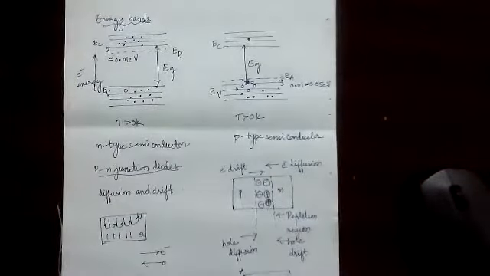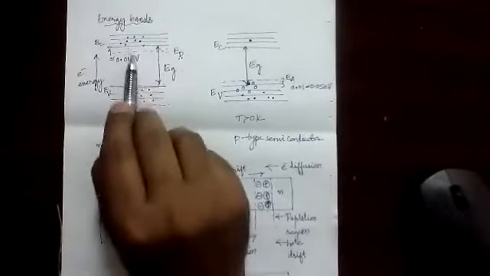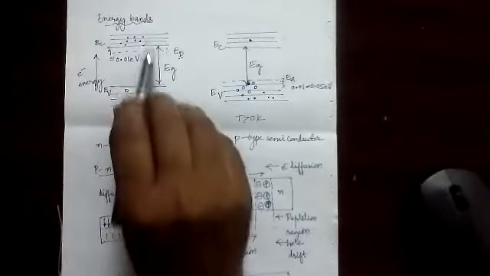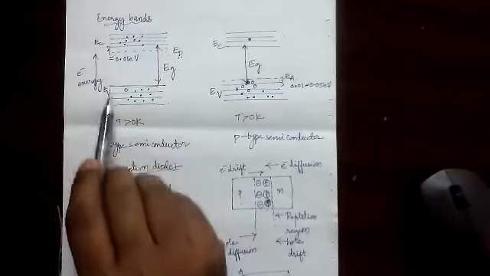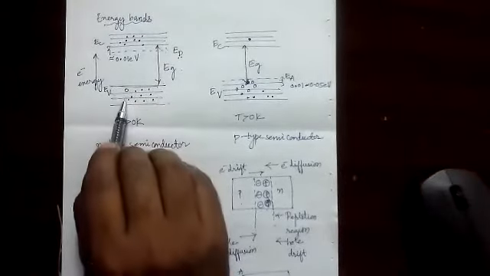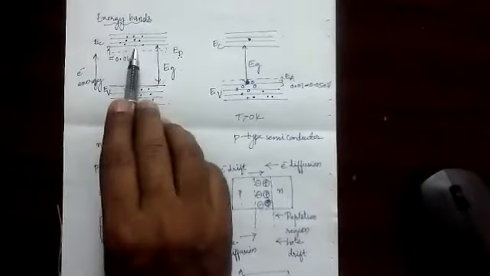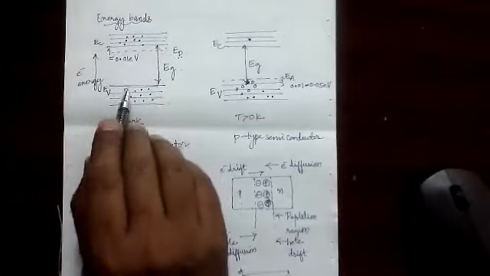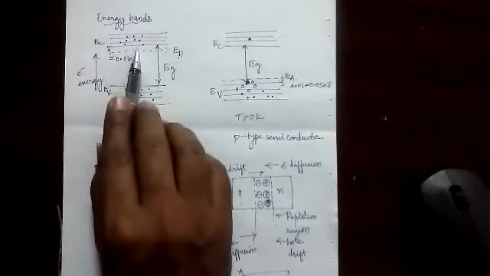Once again, this is the valence band and this is the conduction band. Energy of valence band, energy of conduction band. You know that the energy of the conduction band is a little higher. In conductors they overlap, but in semiconductors and insulators they don't overlap. But in a semiconductor it is very close. So if we give a little energy, then the electron will jump from the valence band to the conduction band.